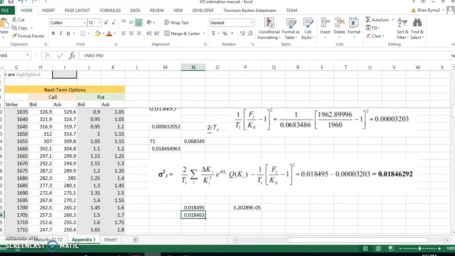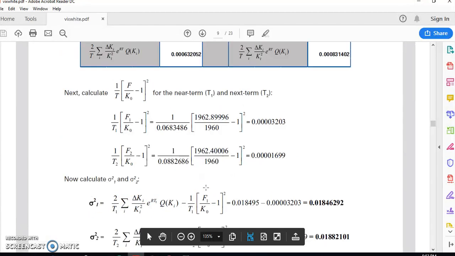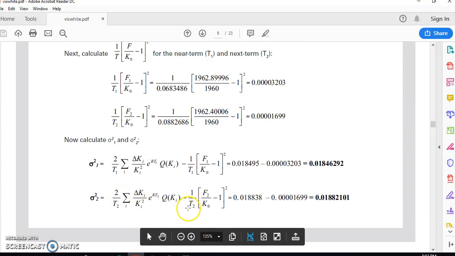Then once that estimate was made, we had to follow up by repeating the same exercise for the longer term, for the next series.